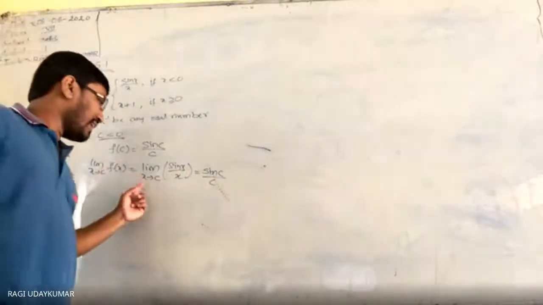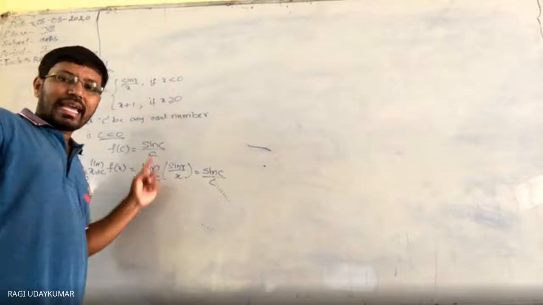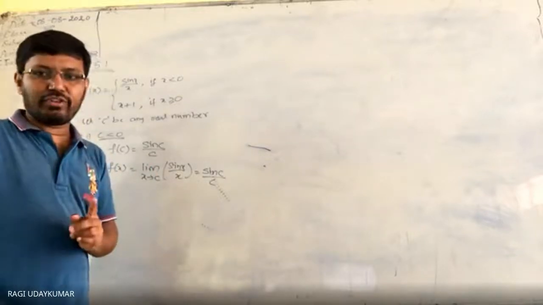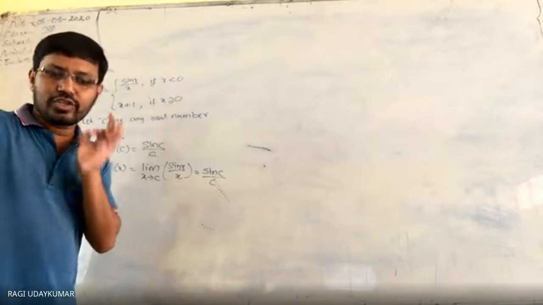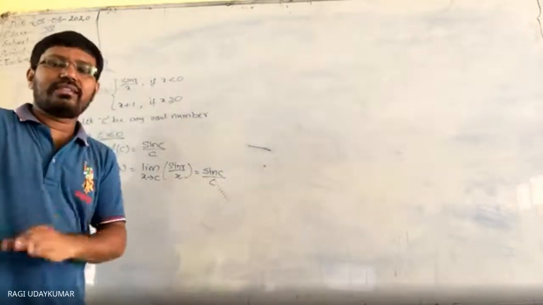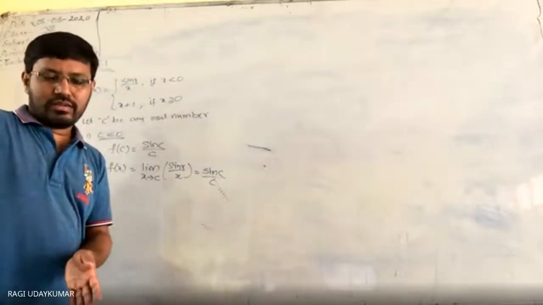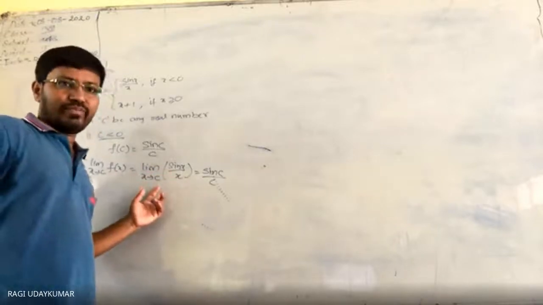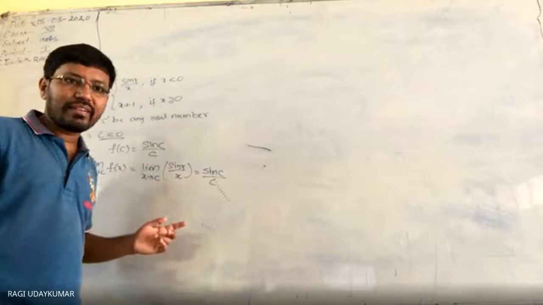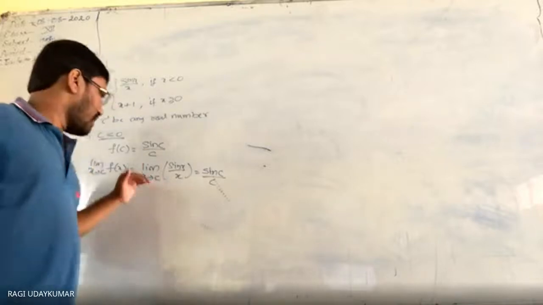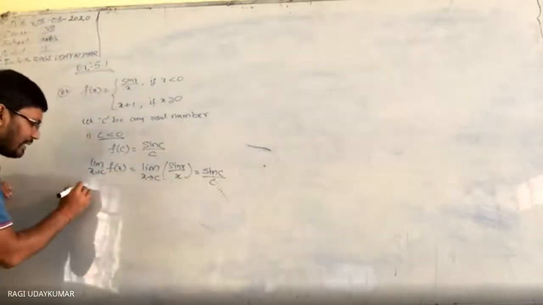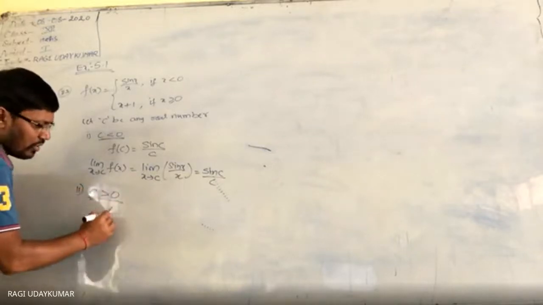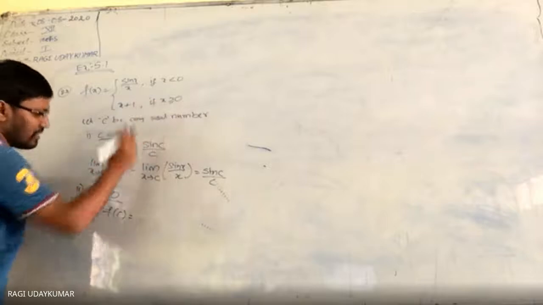Do remember, limit x tends to 0 of sin x by x is equal to 1. It is a standard limit formula, do remember that. But here it is limit x tends to c. Now the case c greater than 0: f of c means c plus 1.